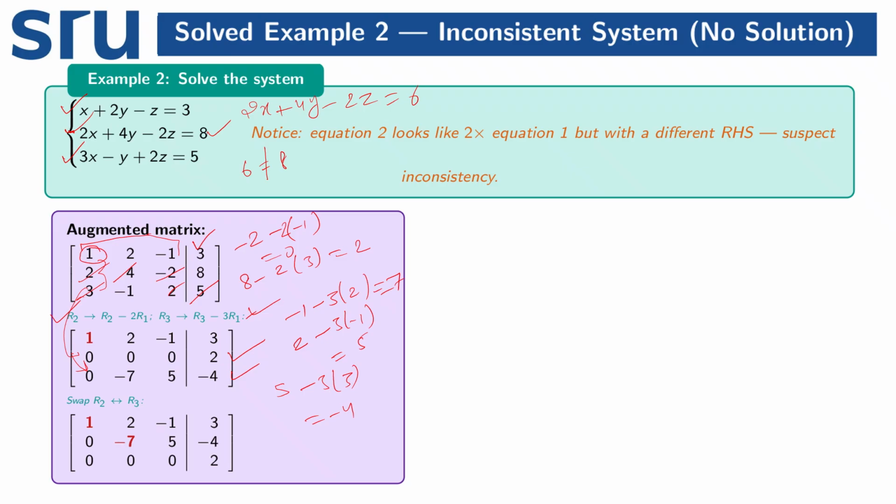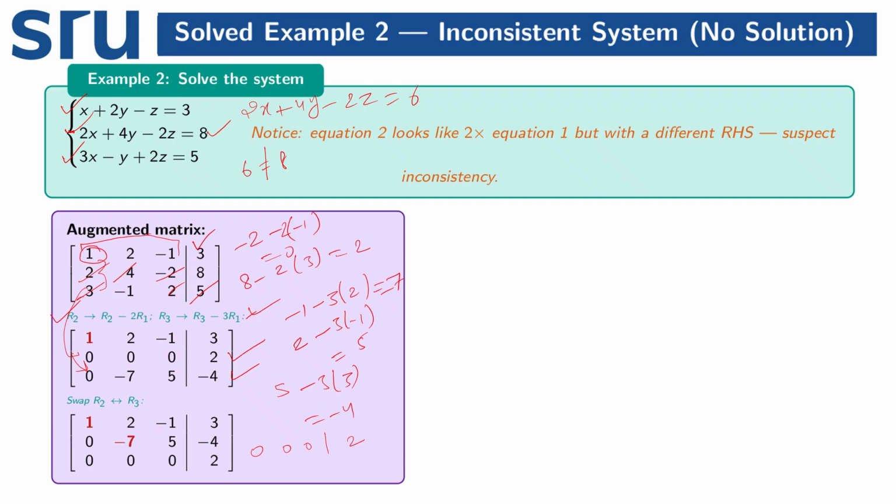Okay, then we see that row 2 becomes complete 0 of this kind. Okay, row 2 is of the type 0, 0, 0, and then 2. Correct. So we will rearrange the system with these equations in a better way.